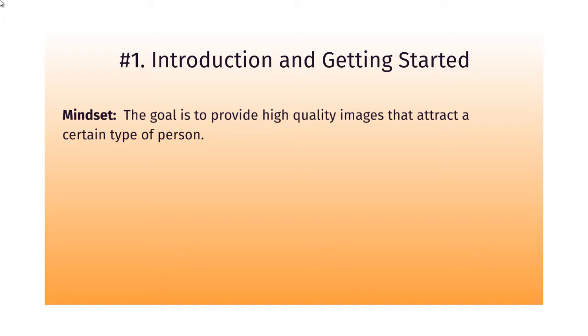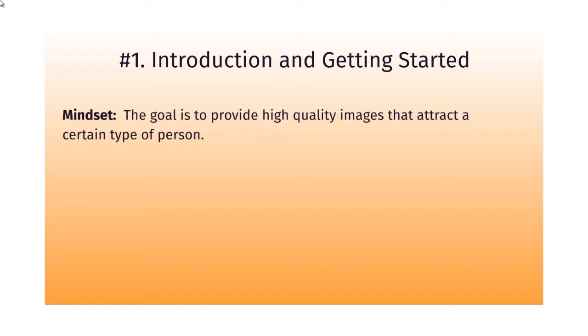You're going to have an image that shows up on the Google image search, and with that in mind, people are going to click on the ones that best fit that keyword. So you want to make sure that you have a high quality image that attracts a certain type of person.